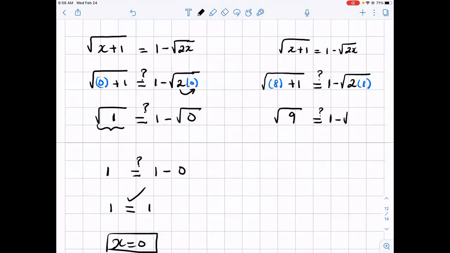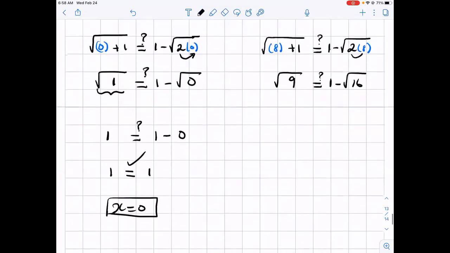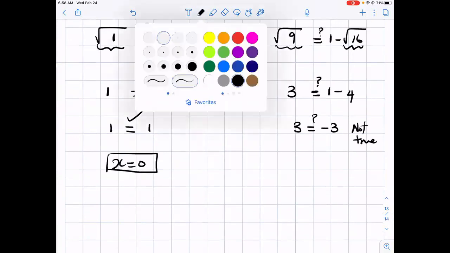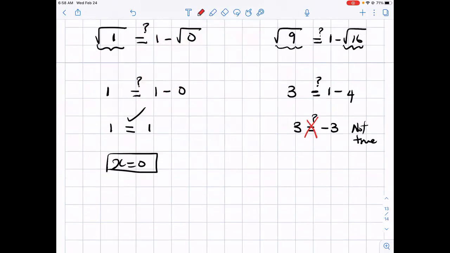We have 1 minus the square root of 2 times 8, which is 16. So the square root of 9 is 3. And we want to know, is that equal to 1 minus the square root of 16, which is 4? So we have 3 is equal to 1 minus 4, which is negative 3. And this we know is not true. So in this case, this is false.